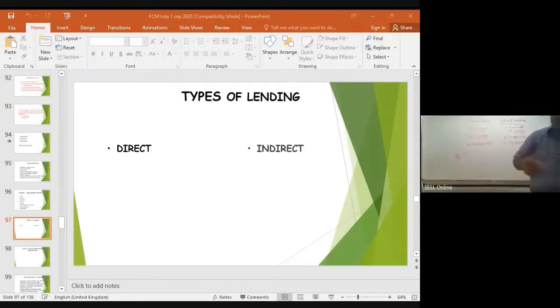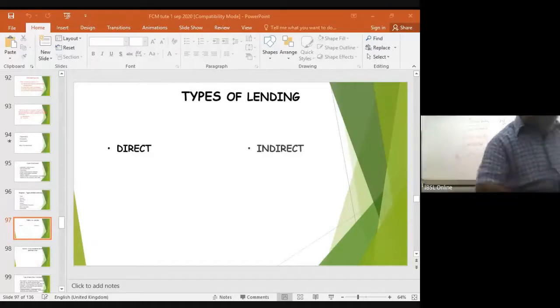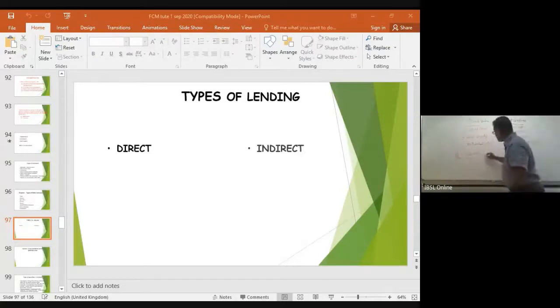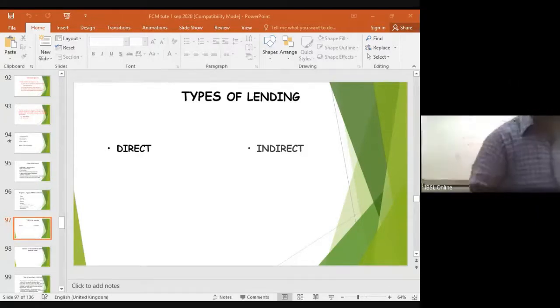All types of loans. What are all the types of loans? Consumption loans, personal loans, housing loans, right? Anything you name it. Money is going out. And then you can say overdraft. Then you can say pawning. Pawning is not a financial product, but okay.